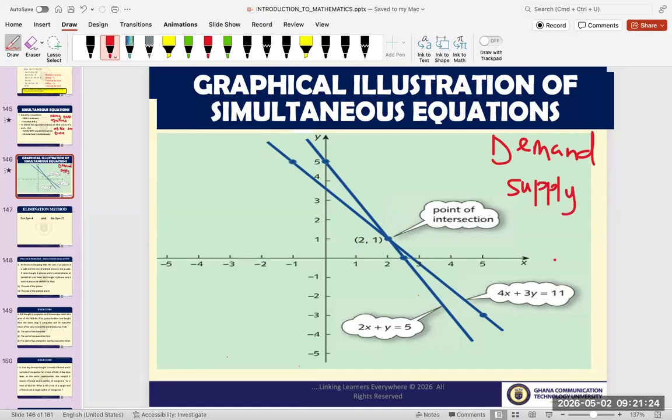And this is what is controlling prices. Any item that is expensive is being controlled by these two equations. So we have a demand equation, and then we have a supply equation.